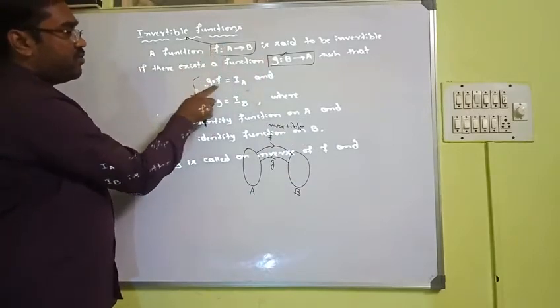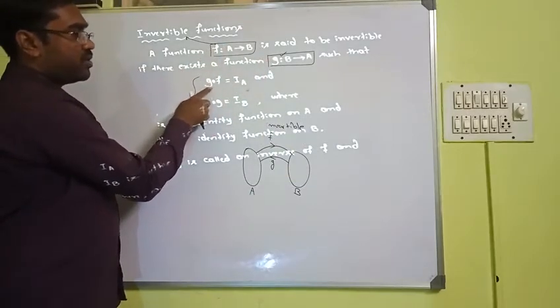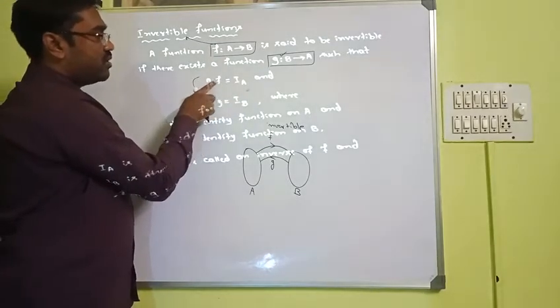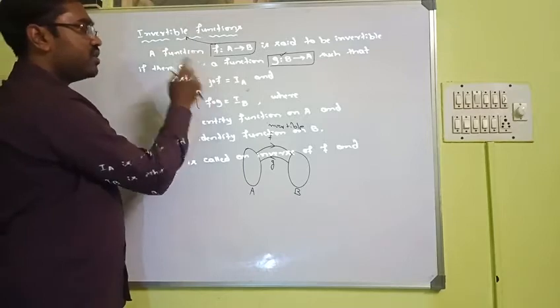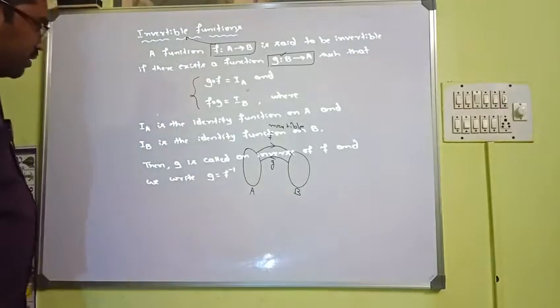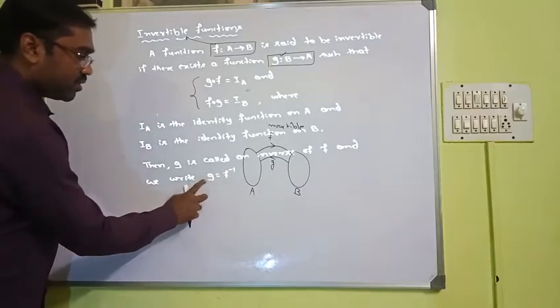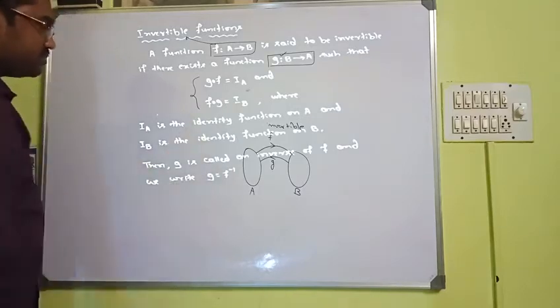Why? If you take the composition, you are getting the identity function. So therefore, g is the inverse of f. We can write g as f inverse, because g is the inverse of f.